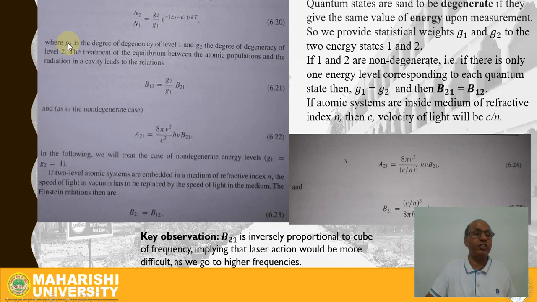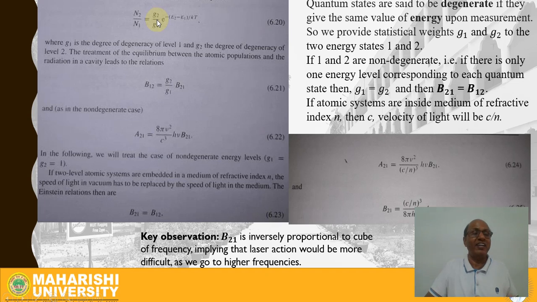You can call G1 the degree of degeneracy of level 1 and G2 the degree of degeneracy of level 2. Under such a situation, the population ratio N2 upon N1 will become G2 upon G1 times this value.